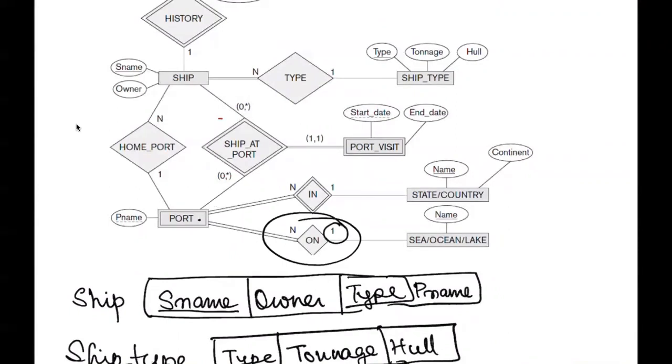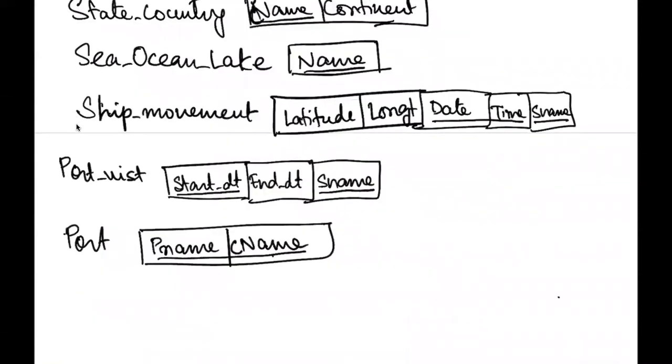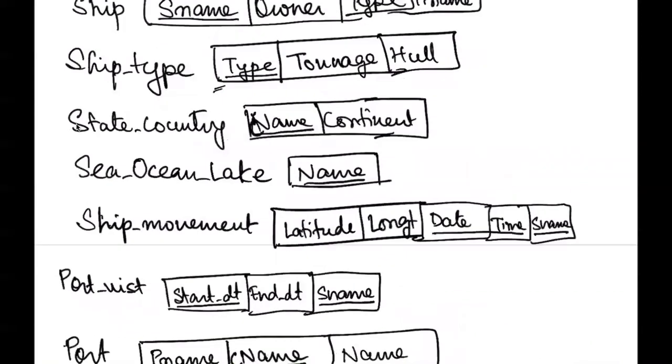The primary key of the relation on the one side, that is sea, ocean, lake, we take name and put it in port. So in port we will also put name, and name here will be the foreign key, referring to the sea ocean lake relation.